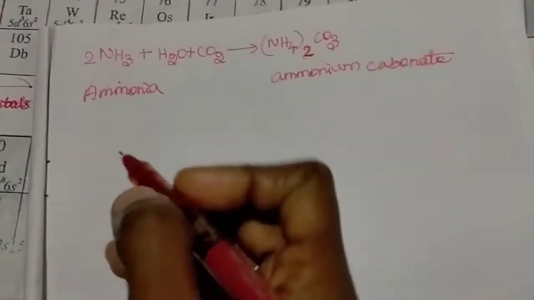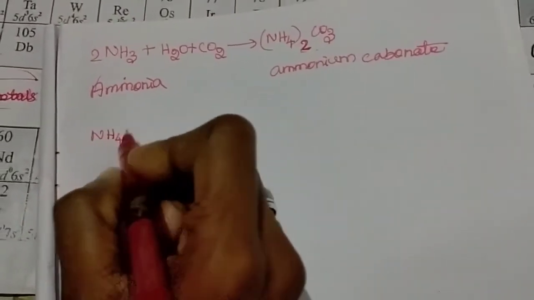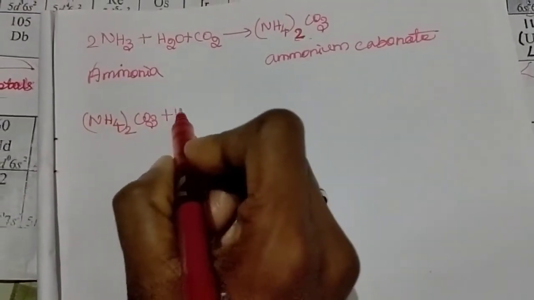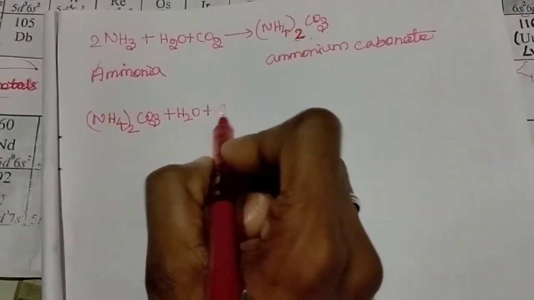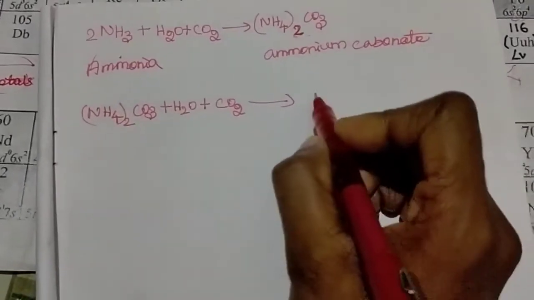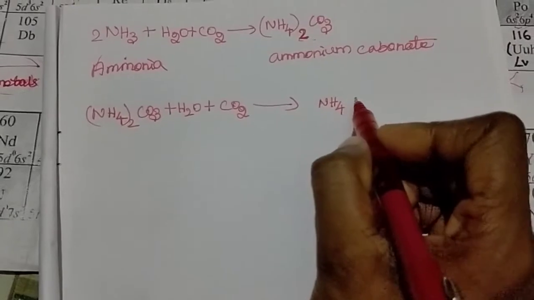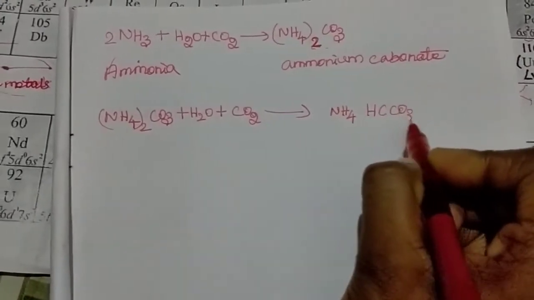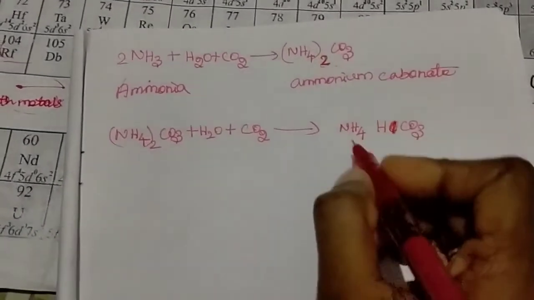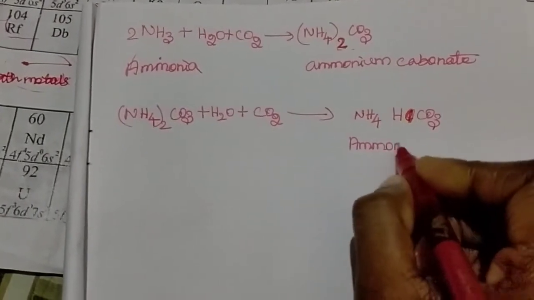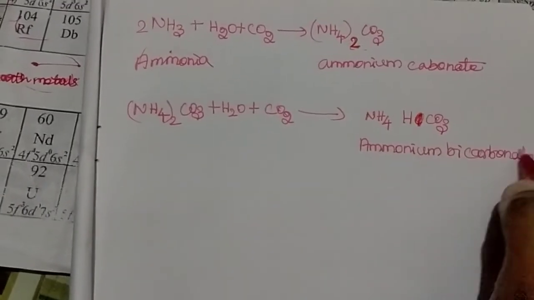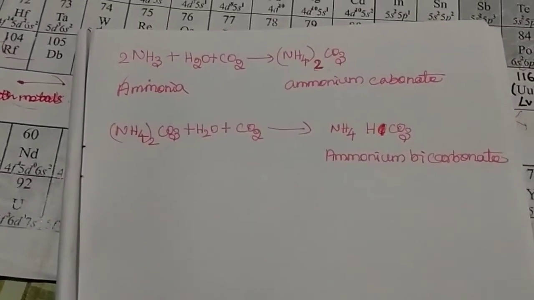of carbon dioxide. So (NH4)2CO3 reacts with water and excess carbon dioxide. The result of this process is NH4HCO3, which is ammonium bicarbonate.